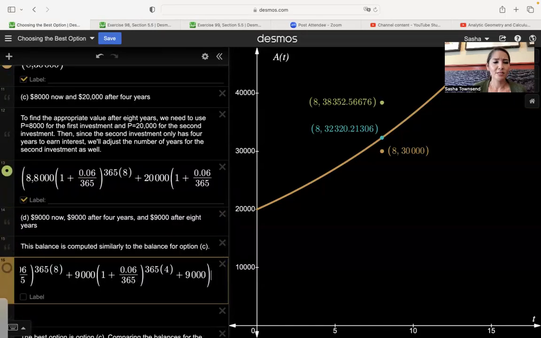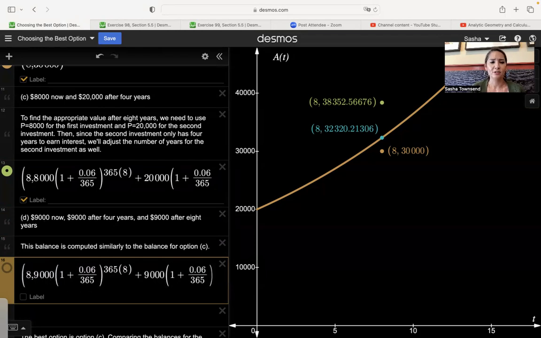And then option D says, okay, let's say you've got $9,000 now that you're going to invest at that 6% interest. We want to invest $9,000 4 years from now, and we also want to add $9,000 8 years from now. If we're looking at the account balance 8 years from now, that last $9,000 doesn't have any opportunity to gain any interest. But that first $9,000 has been gaining interest for 8 years. So we just end up adding 3 terms.